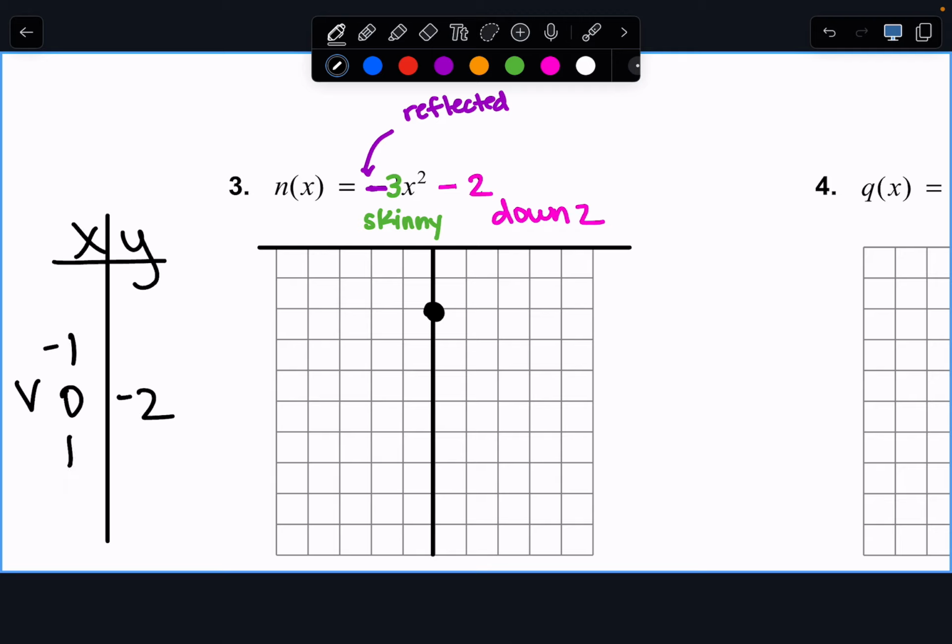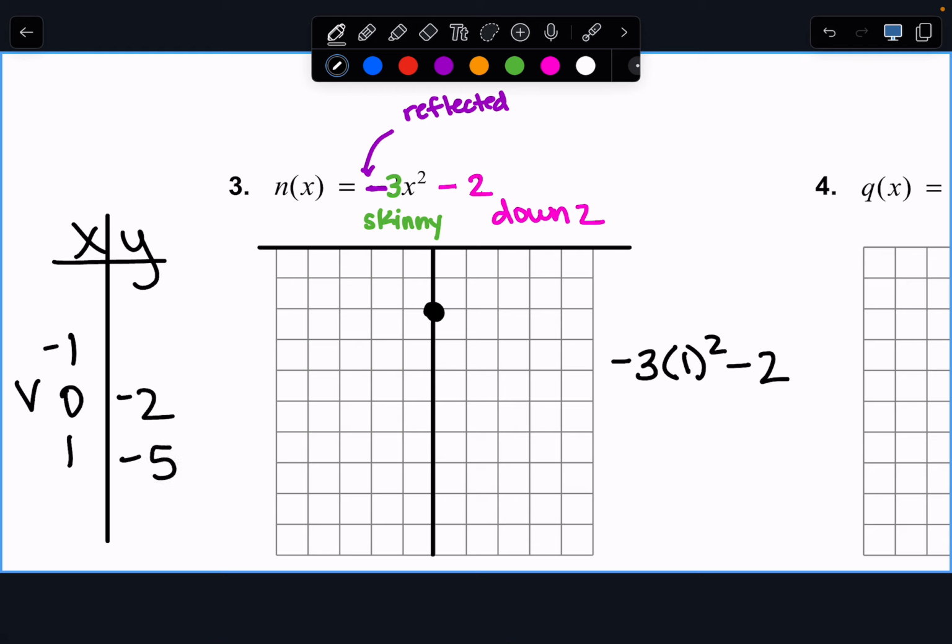What I really like about these problems is when I make my XY chart, we always have that symmetry about the vertex. We have that axis of symmetry. When we plug in 1, -3 times 1 squared minus 2, what is that going to get us? -5.